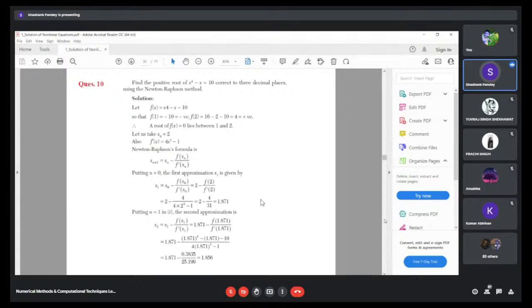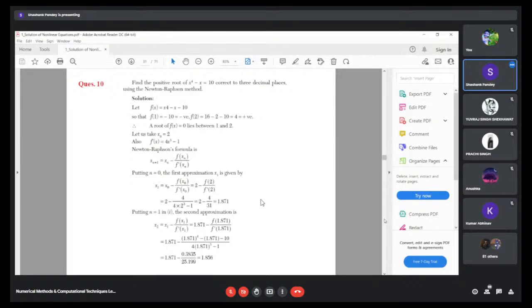We take x naught, suppose, as 2, that is, the initial value is 2, and we compute the derivative of this function, f prime x, which is 4x cubed minus 1.